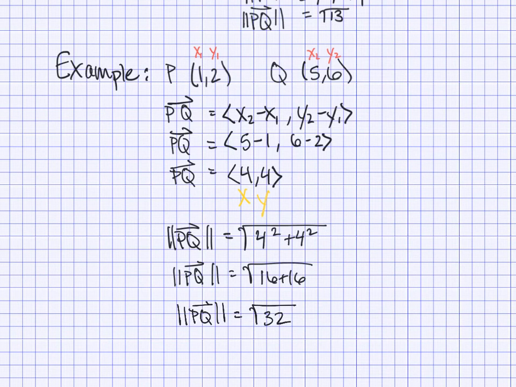Don't have to simplify it, just leave it there. So these are the answers I'm looking for. There is my magnitude. There's my vector. And that's all that I have for this video. So if you have any questions, please let me know.